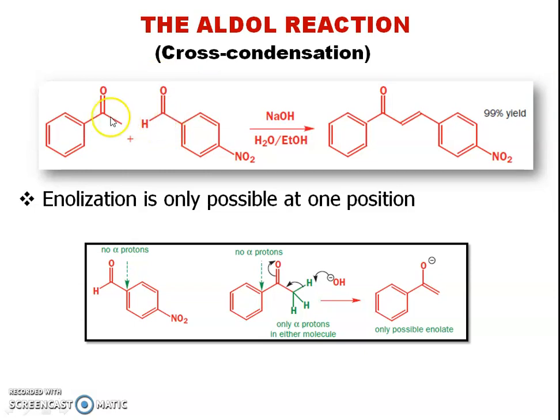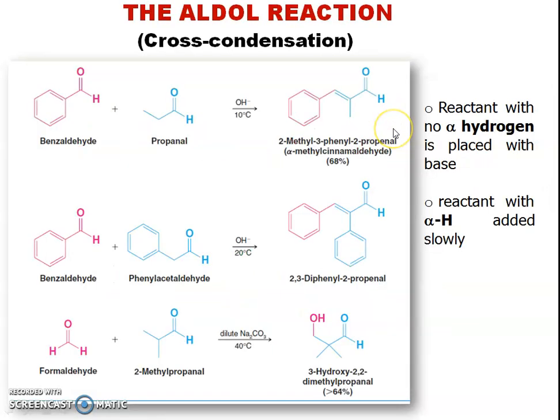So this can undergo aldol reaction in the presence of base. This one does not have alpha hydrogen and this one has alpha hydrogen, so it can form an enolate, and this enolate can add to this non-enolizable carbonyl and form a product like this.